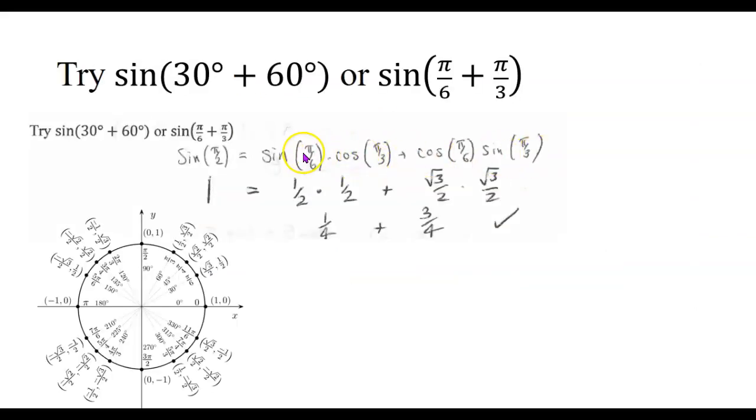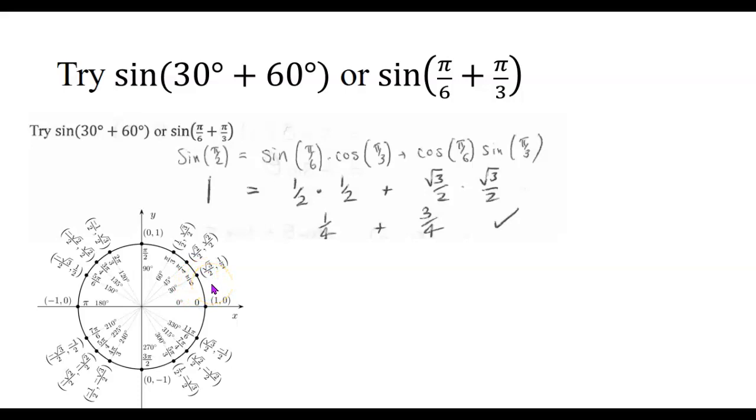Those are special angles whose sines and cosines we know or can read off the unit circle exactly. The sine of pi over 6 is exactly 1/2. The cosine of pi over 3 also happens to be 1/2. The cosine of pi over 6 is the square root of 3 over 2.